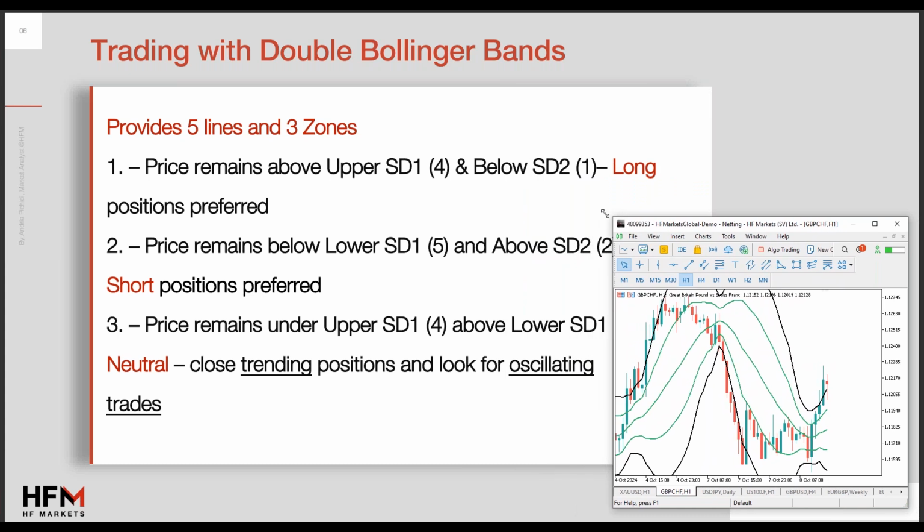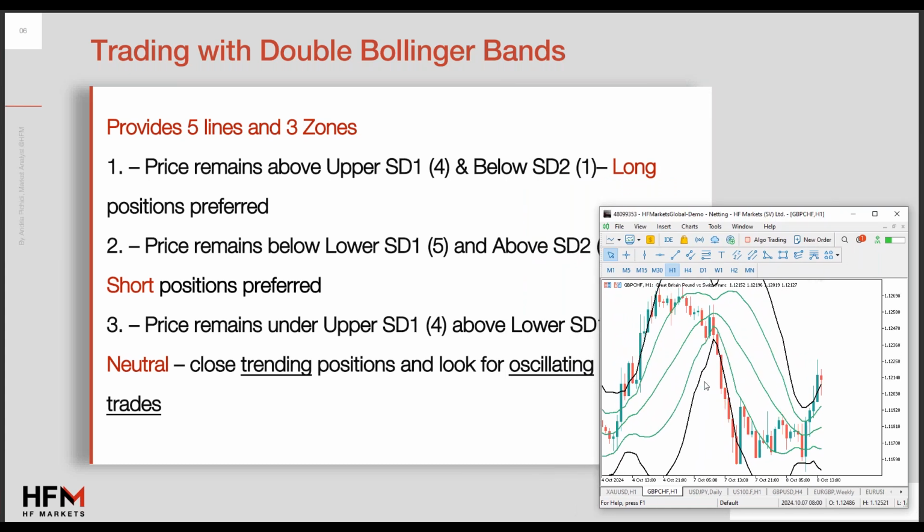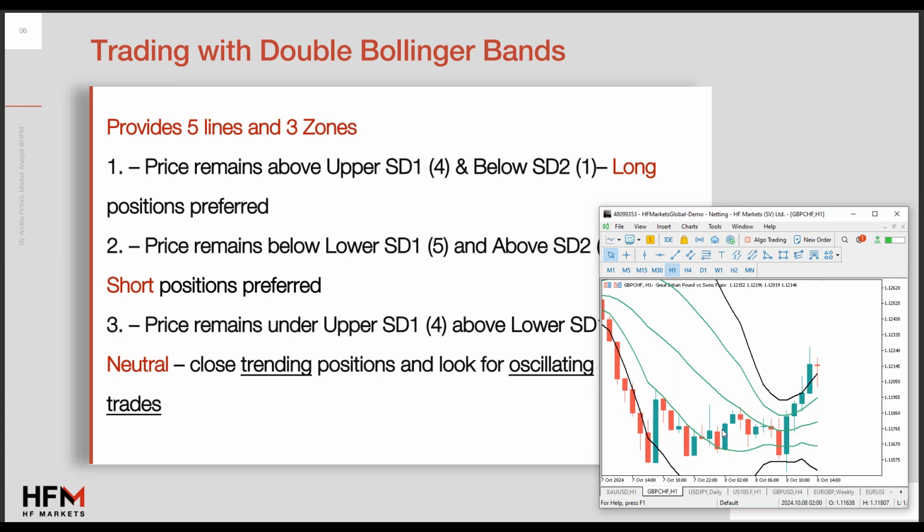Okay. Now, if the price, okay guys, remains above the upper 1 standard deviation, but below the second standard deviation, let me zoom in a bit. For example, if the price remains above this first standard deviation, the first gray one, but below the 2 standard deviation, that is suggesting long positions.